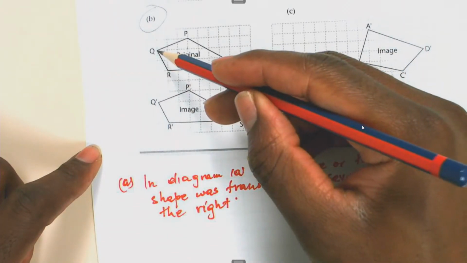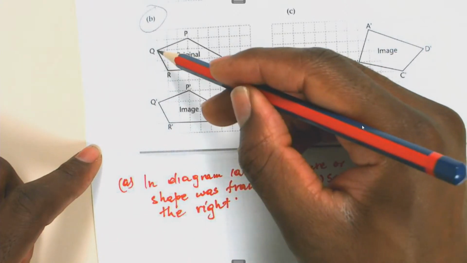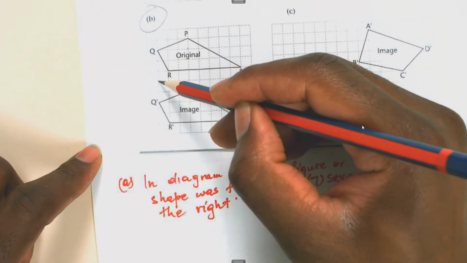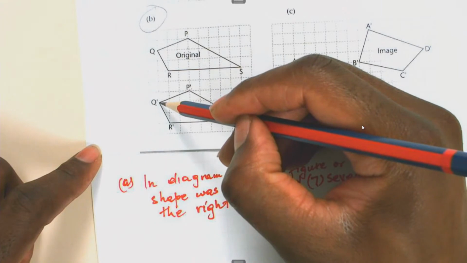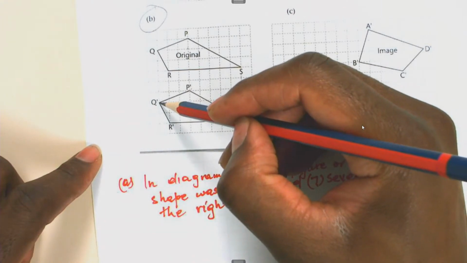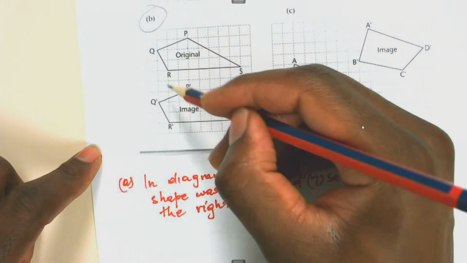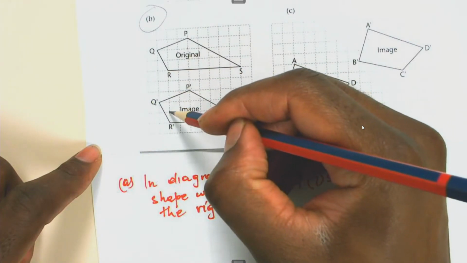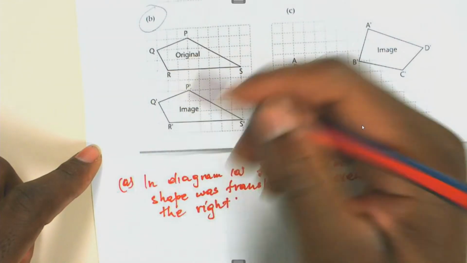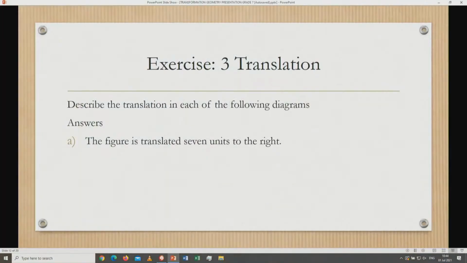From point Q to Q prime, it will be 1, 2, 3, 4, 5 units as well. And then from point R to R prime, 1, 2, 3, 4, 5 units downward. So our answer there would be the figure is translated 5 units down.